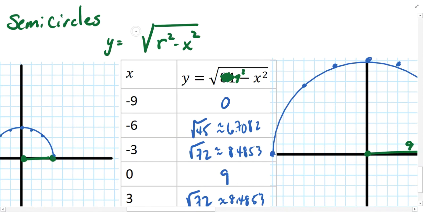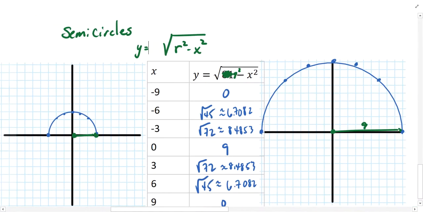Additionally, we could also create the bottom half of a semicircle by including a negative symbol in front of the square root, but that's essentially a vertical flip anyway, so we're not going to include that as part of our definition here for semicircles. We'll simply rely on y equals square root of r squared minus x squared.